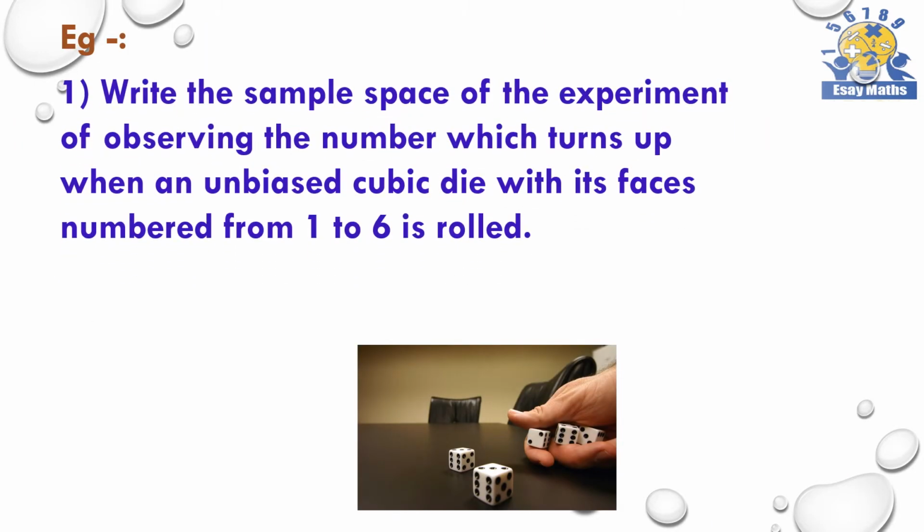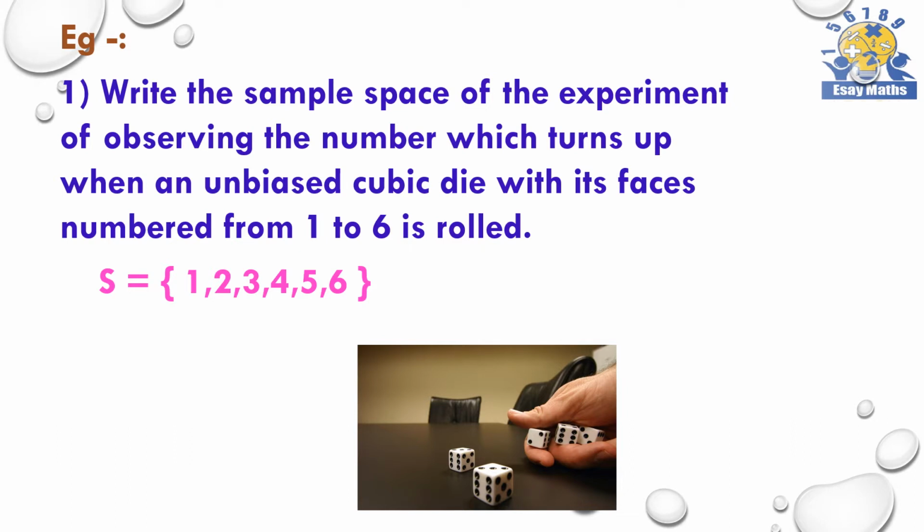First example, write the sample space of the experiment of observing the number which turns up when an unbiased cubic die with its faces numbered from 1 to 6 is rolled. It's so simple. We should write the sample space as a set.